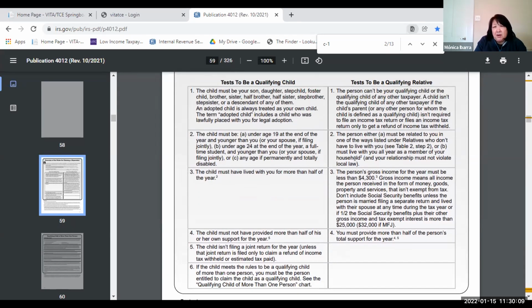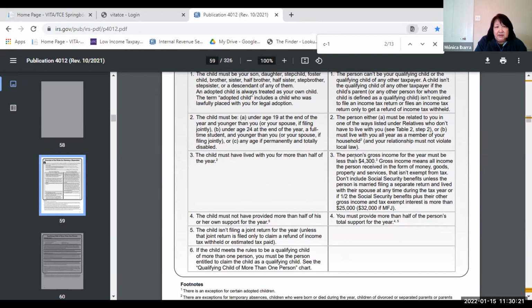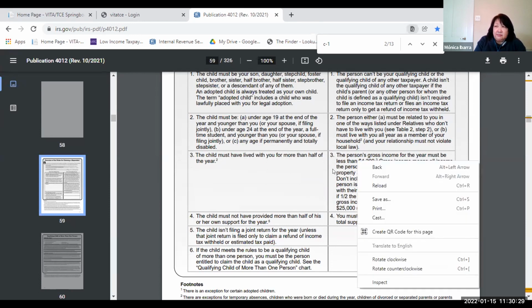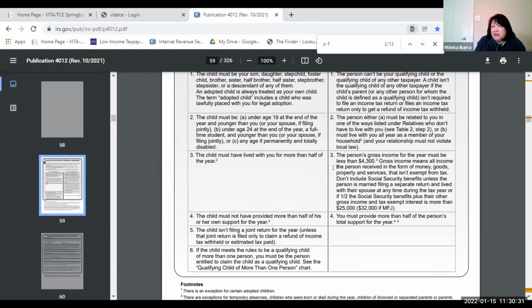A qualifying relative is generally worth $500 off of your tax debt, right? So you don't get any, with the exception of the EIP payment last year, which was $1,400 for any dependent.